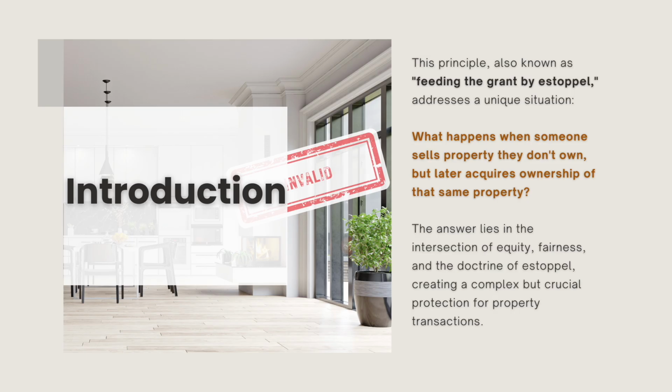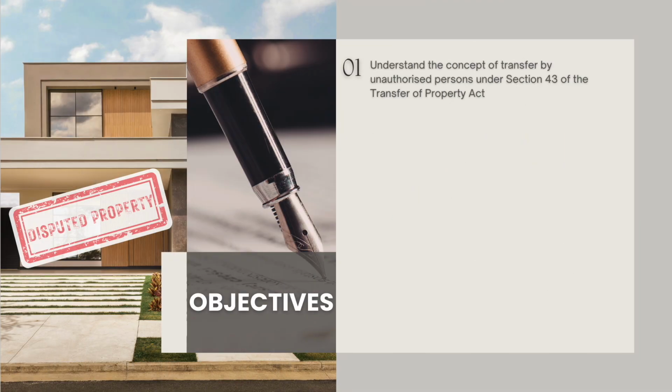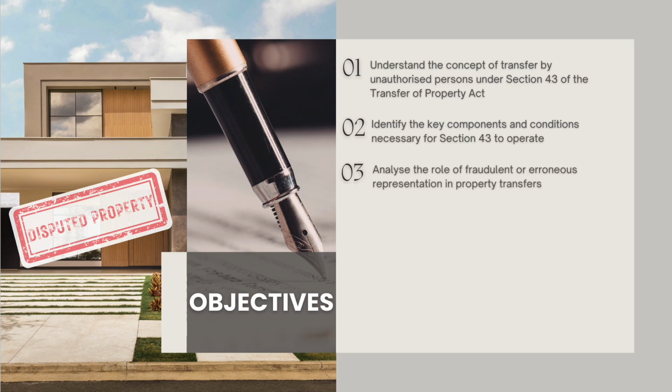for property transactions. At the end of this lecture, you should be able to: 1. Understand the concept of property by unauthorized person under Section 43 of the Transfer of Property Act. 2. Identify the key components and conditions which are necessary for Section 43 to operate. 3.